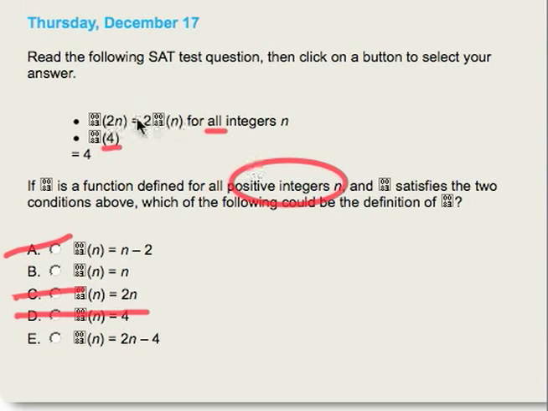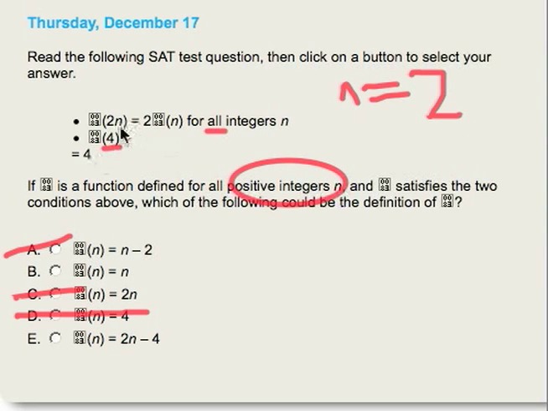All right, so now what about this? How can we use this to help us narrow down between B and E? Great. Try plugging in something else, or just looking here. What can we use for n that would give us 4? Right. If n was 2, then we know it's still got to equal 4, right?